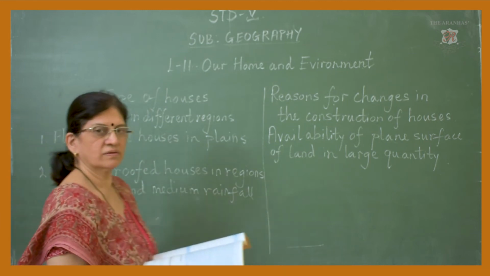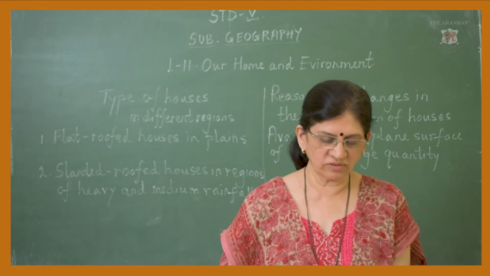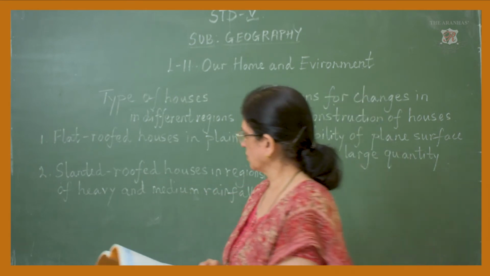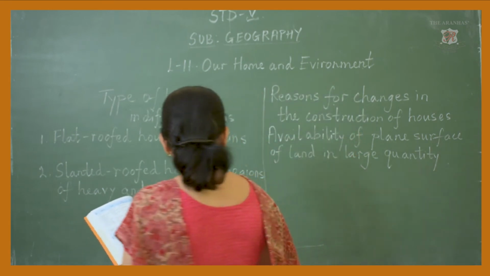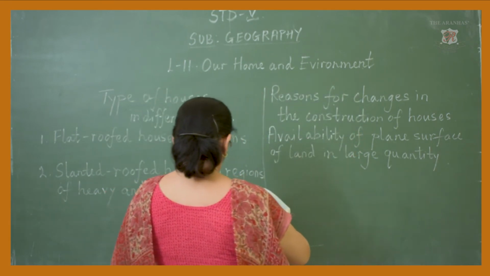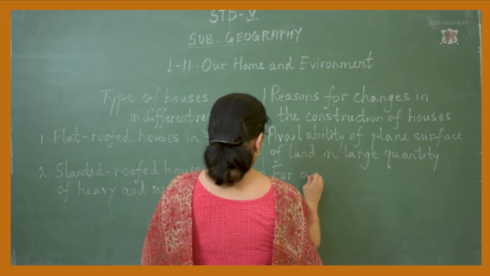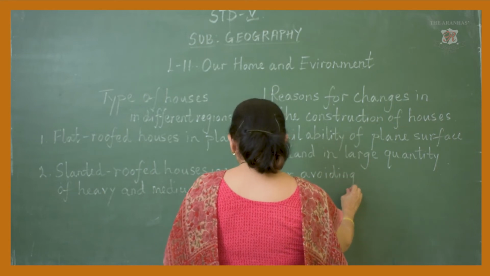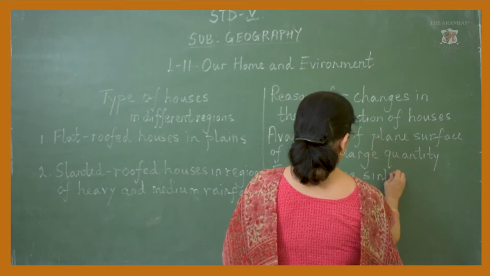In both the cases, the roofs are slanting for avoiding sinking of water on the roofs. The water should drain off, it should fall down and not collect on the roofs.